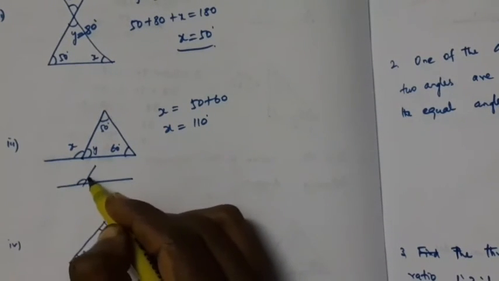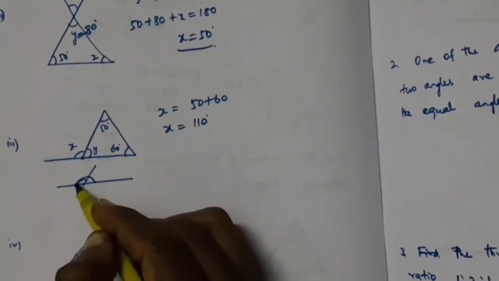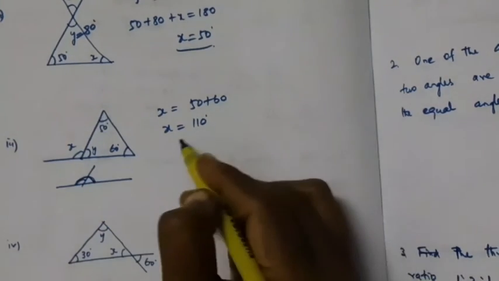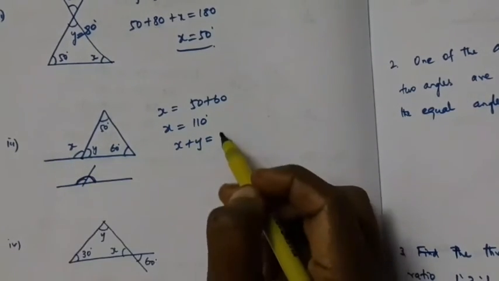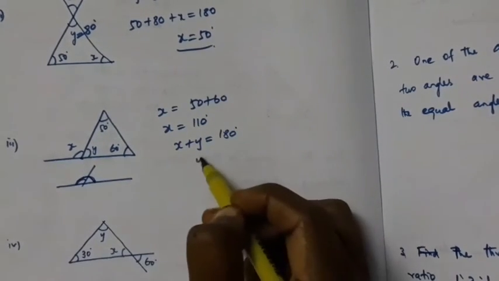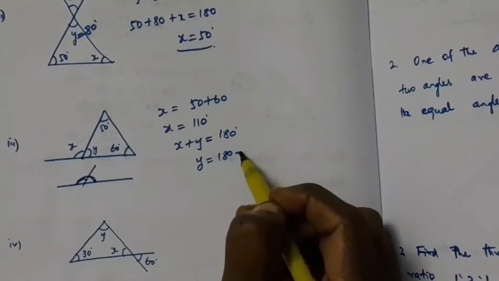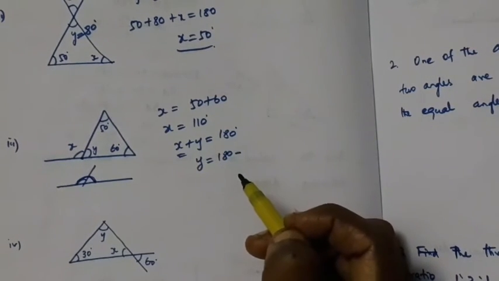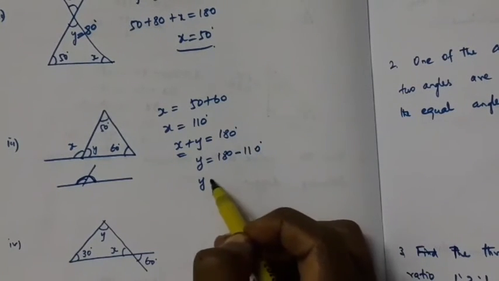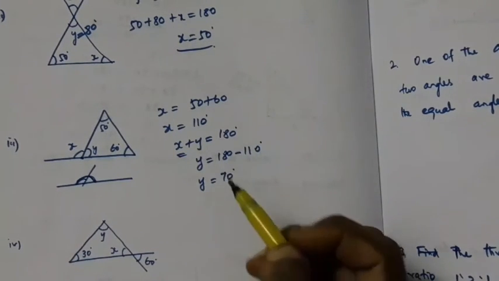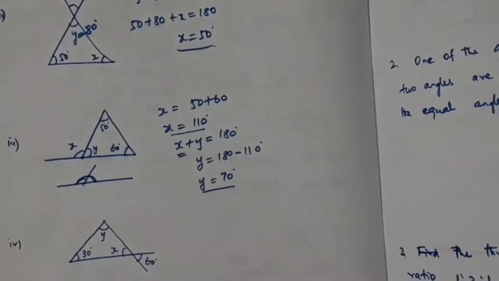This is x and this is y. If you add together, it should give 180. So x plus y together will give 180. So y is 180 minus x. Okay, what is x? This is 110. So therefore y equal to 70. X equal to 110 and y equal to 70.